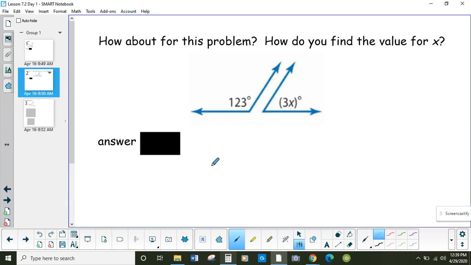What do we do though if the two angles together, this angle right here and this angle over here, make a line instead of a box or a 90-degree angle? What if they make a line? What are those called?